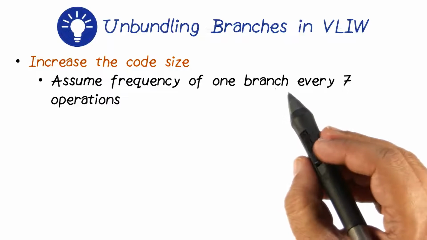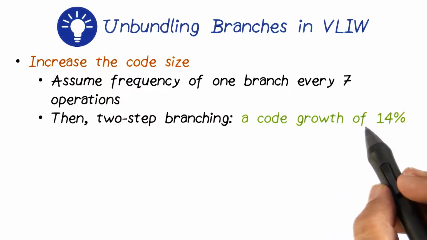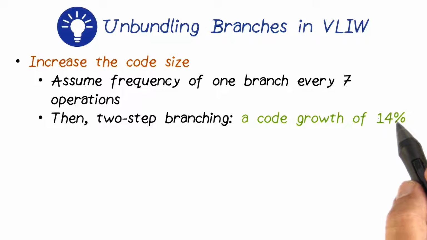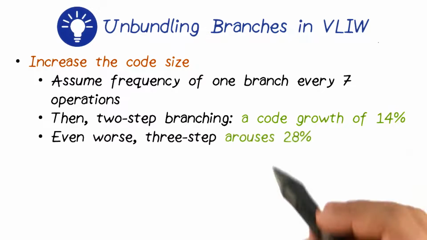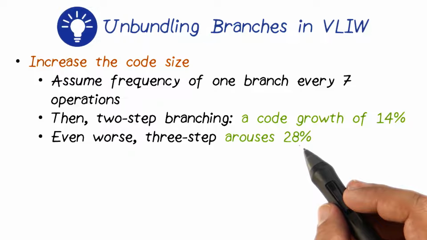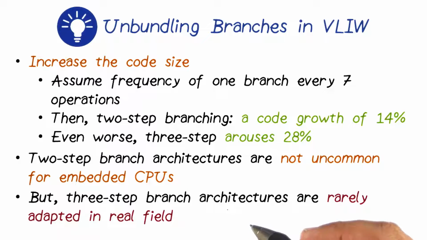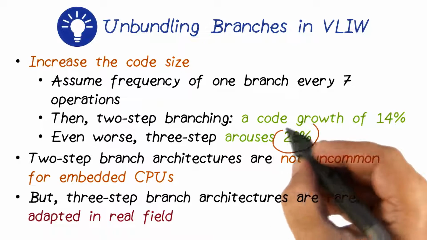So assuming a frequency of 1 branch for every 7 operations, which is quite typical, in 2-step branches we typically have a code growth of 14%. Even worse, for 3-step we have 28% code growth. 14% code growth is somewhat tolerable, and therefore the 2-step solution is quite commonly adopted in embedded CPUs. But the 3-step solution is rarely adopted because of a significant code growth of 28%.